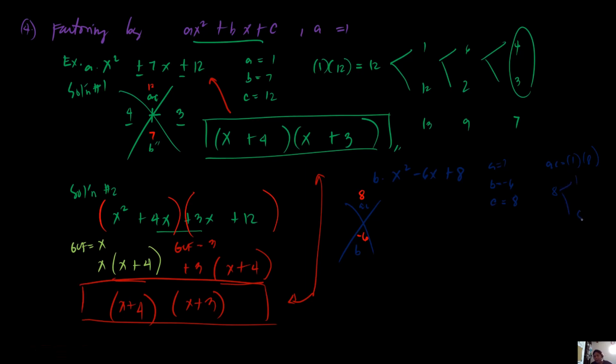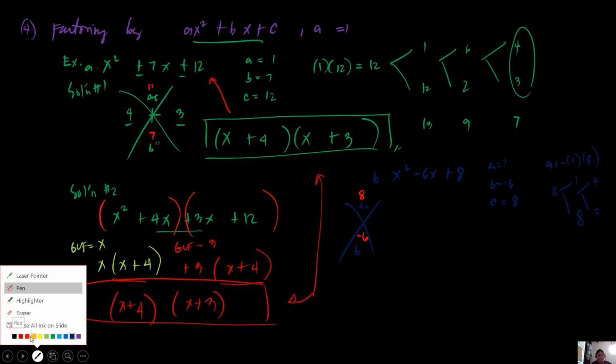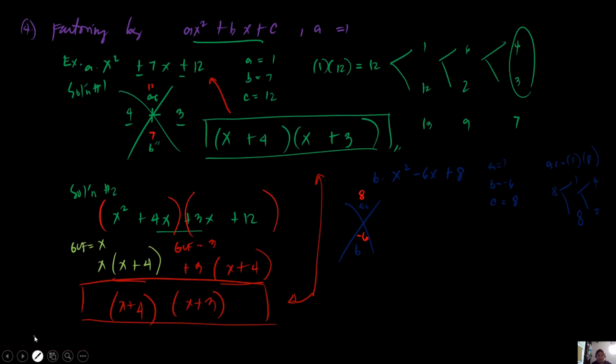We have 1 times 8. We have 4 times 2. Okay, now our target is negative 6. So, 1 and 8, we cannot use them because if we add, let's assume this one is negative, negative 1 plus 8, the answer is 7.